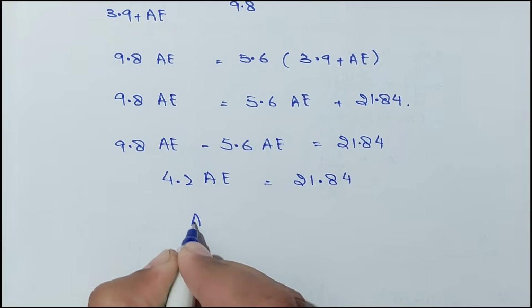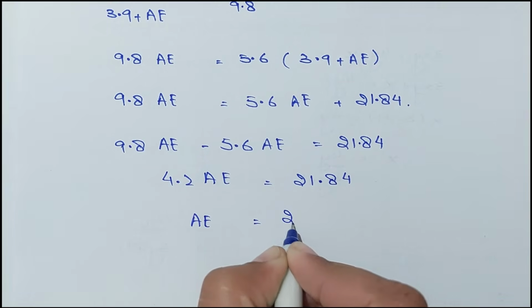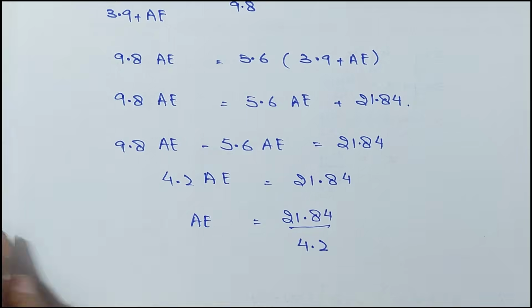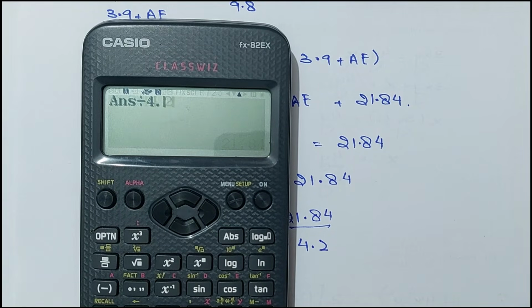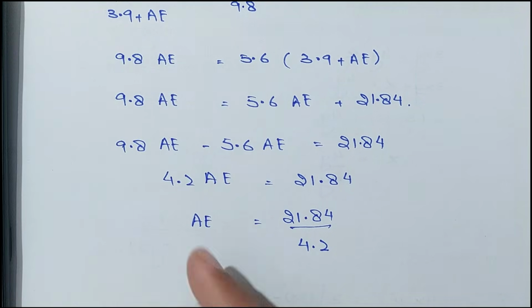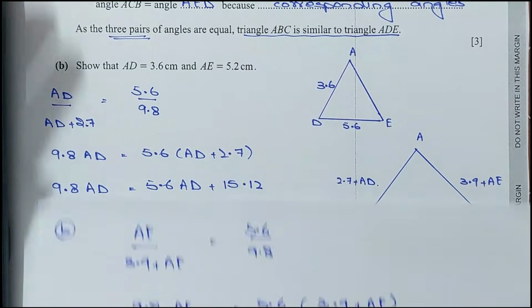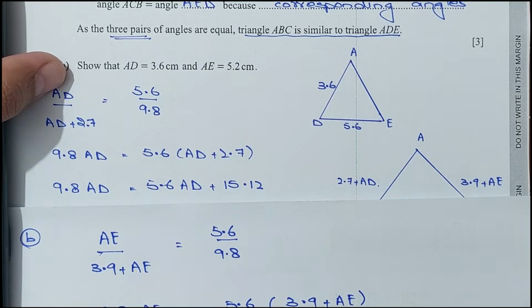So what is AE? AE is 21.84 over 4.2. 21.84 divided by 4.2 is 5.2. So AE is equal to 5.2, and the other one is 3.6.